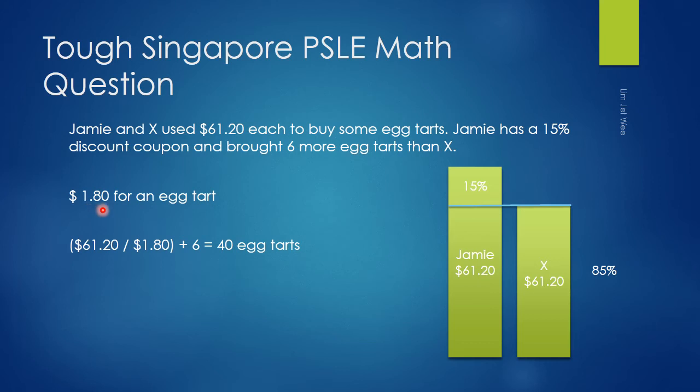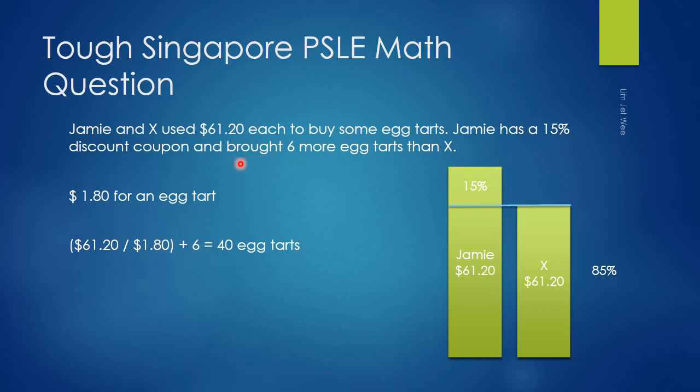And how much would $61.20 buy? So I will divide this by $1.80, but I must remember to plus 6. Why plus 6?